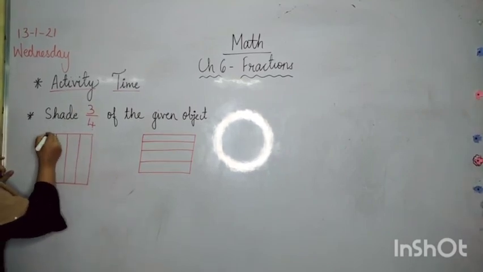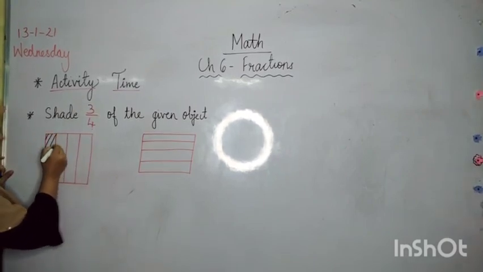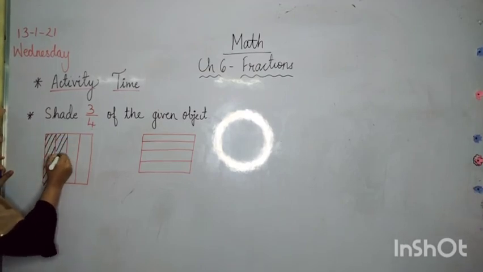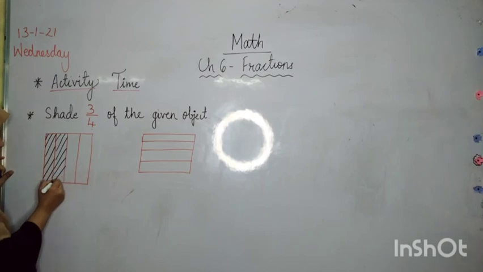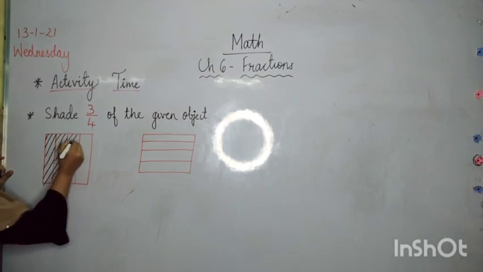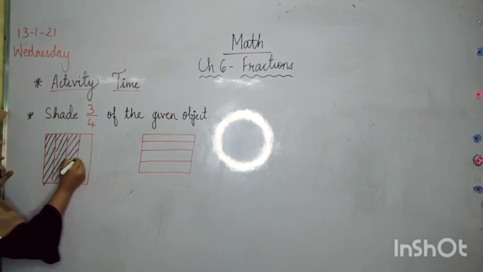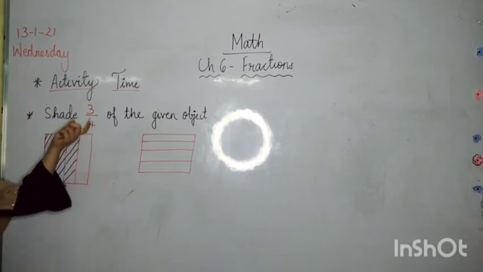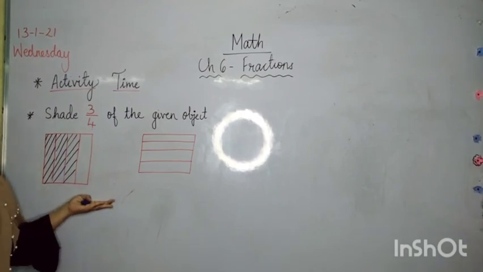This is one part, this is the second part, and this is the third part. So when I color 3 parts of the given object, divided into 4 equal parts, I get 3/4 of the given object.